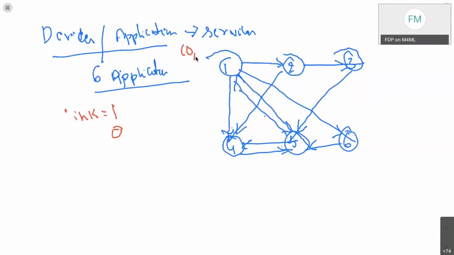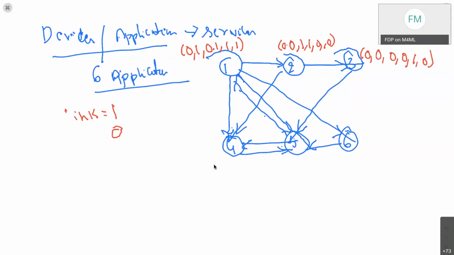It doesn't have a link to itself, so 0. It has a link with 1, 1 to 2, so 0, we don't have. Then we have 1, 1, 1. Similarly for this, 0, 0, 1, 1, 0, 0. Similarly, this 0, 0, 0, 0, 1, 0.